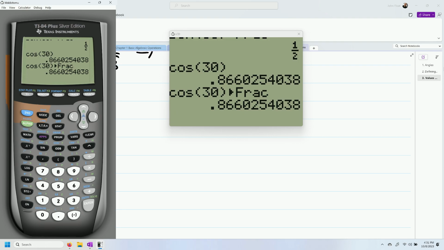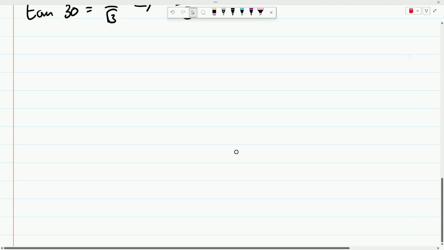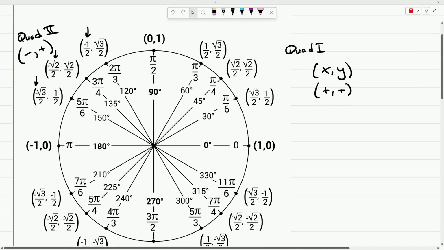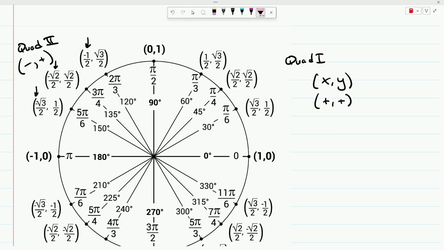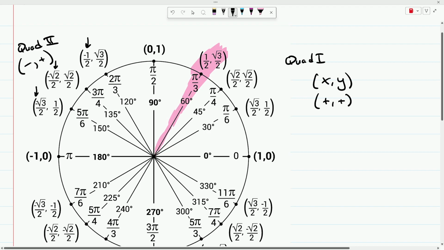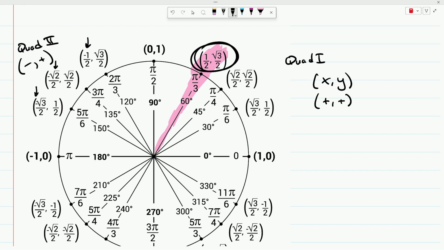But now what I want to do is think about this in reverse. All right. So for example, let's go back here real fast. Let's say I wanted to find this information out here. And hypothetically speaking, let's say we knew we were at this ordered pair right there. We knew we were at 1/2. All right.